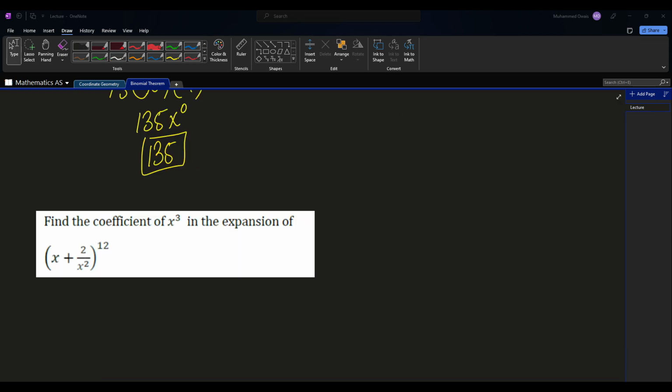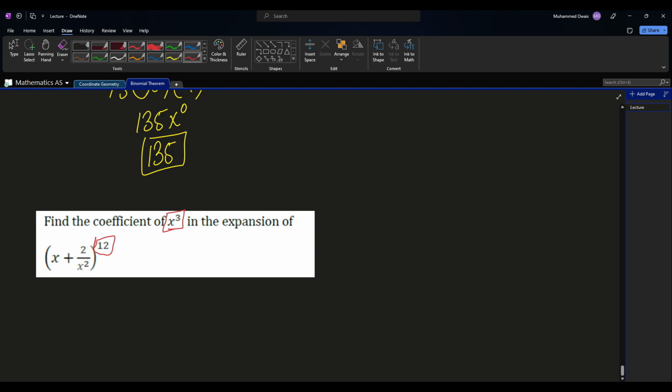Okay then, here we have another question in which it is asking us to find the coefficient of x cube directly. Alright, we do not need to expand such a huge term. We can just find this x cube directly using the method described above.